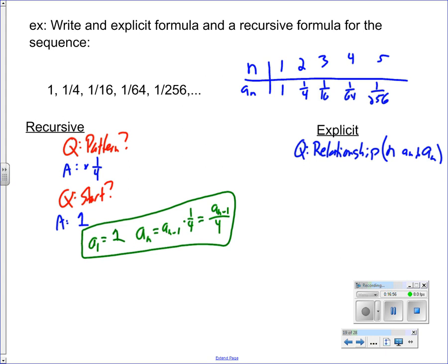Where I see that as I'm moving from one term to the next, I'm multiplying by the same thing every time. So there's a constant ratio or multiple.